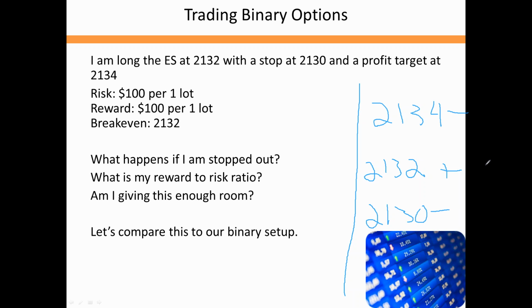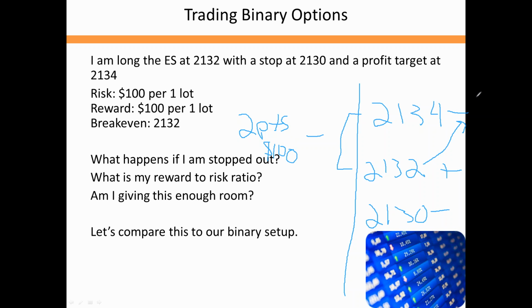Okay. So what happens if the market, after I enter my trade, rallies up to 21.34 and I get filled there? Well, I've made a profit of 2 points. E-mini S&P futures are worth $50 a point, $12.50 a tick, 4 ticks per point. My profit here would be $100, right?